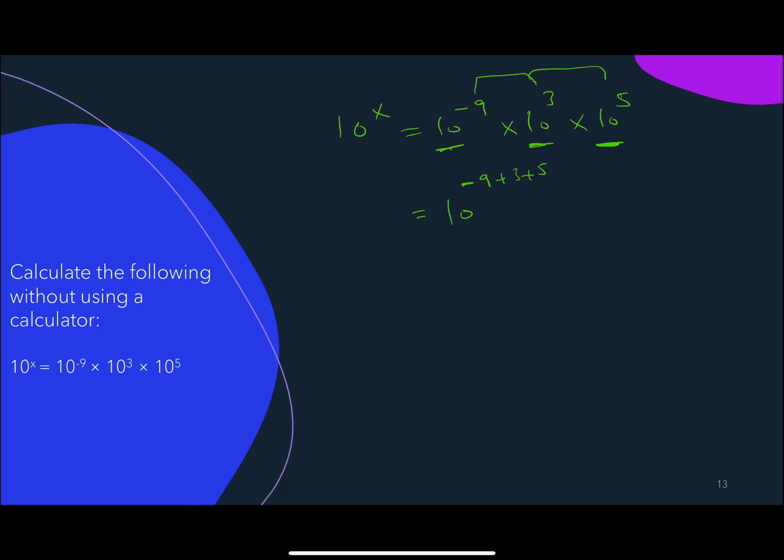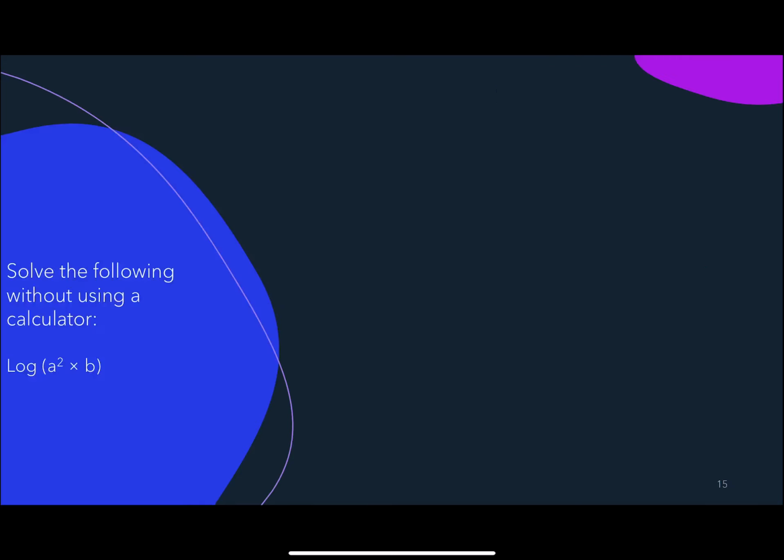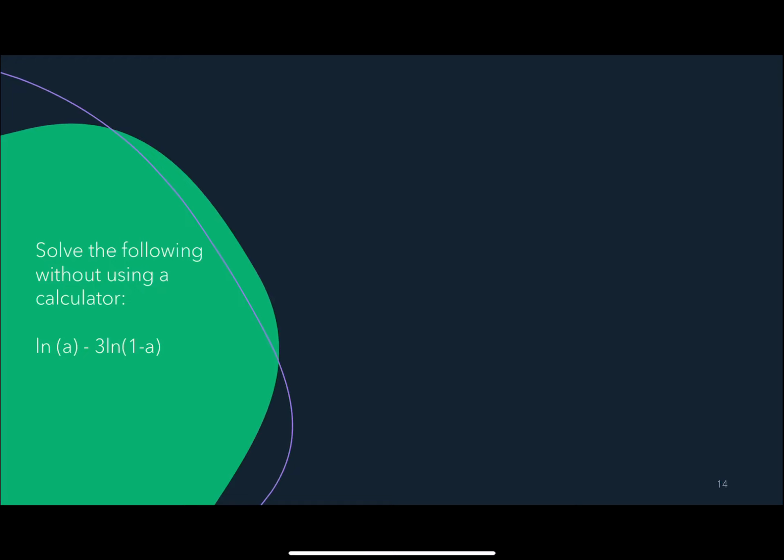That means you can add those powers together to get the final answer. So that means minus 9 plus 3 plus 5, which is minus 1. So the x will be minus 1. That means 1 over 10, or you could express this in the form of 0.1.